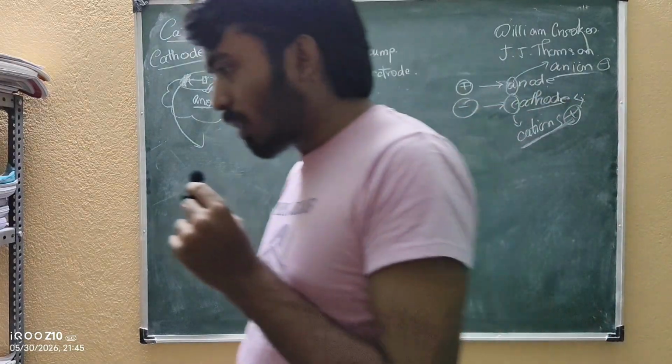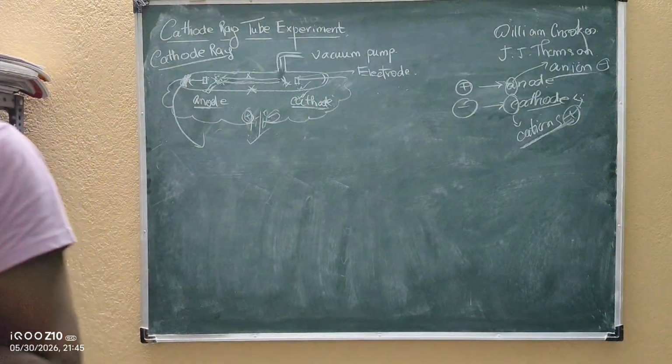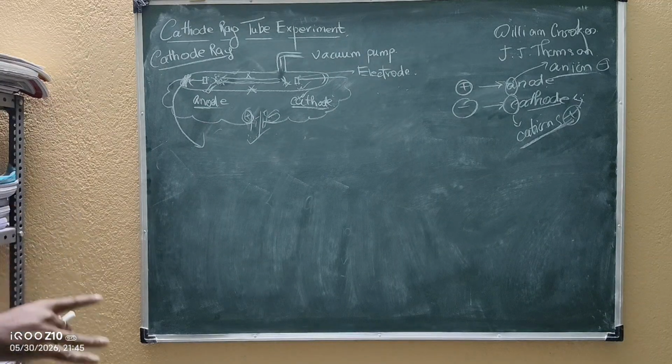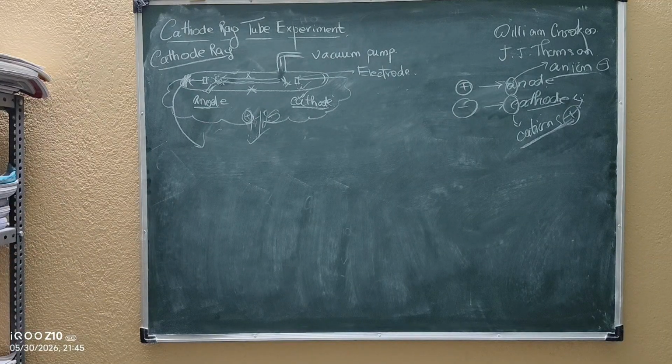William Crookes already told us that yes, the cathode ray is composed of negatively charged particles, right? But what are those particles, we don't know. So for detection of those particles, J.J. Thomson arrived, and he performed not the cathode ray tube experiment but a modified experiment on the cathode ray tube.